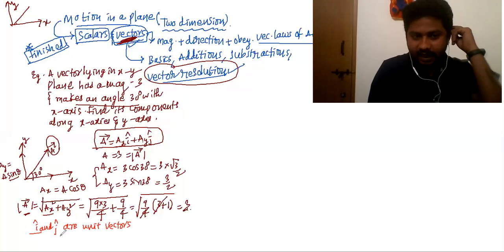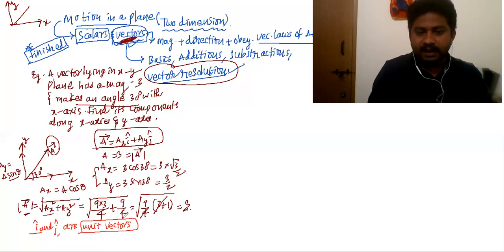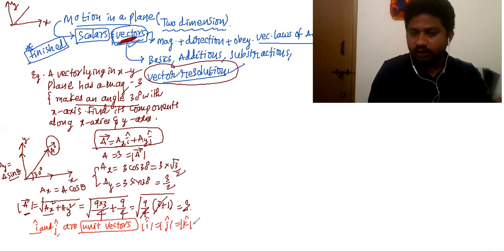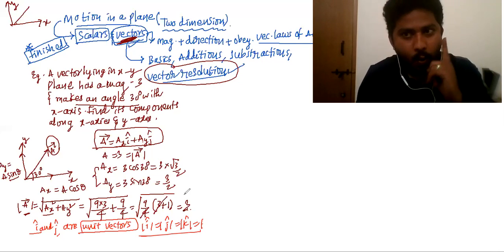When I say j cap, it is the unit vector along the y-axis. What is the magnitude of a unit vector? i cap magnitude is how much? j cap magnitude? k cap magnitude? 1. The unit vectors are the vectors whose magnitude is 1.